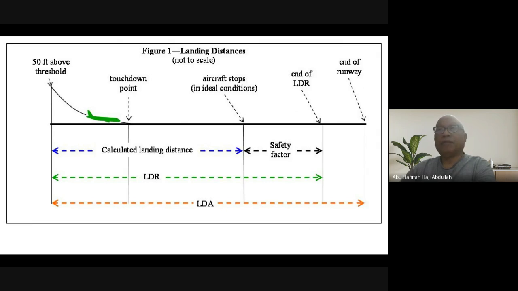And the aircraft stops, in the ideal situation, before the end of the runway. So here is the calculated landing distance, with a safety factor, because this is the ideal condition to stop. You still have some margin here, so you can run over here and still have something left.